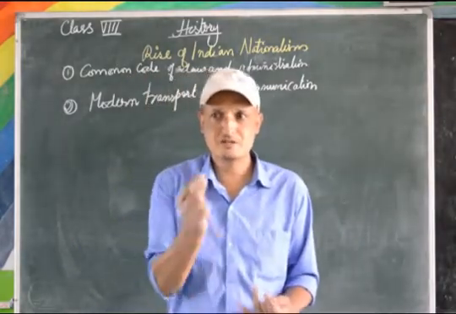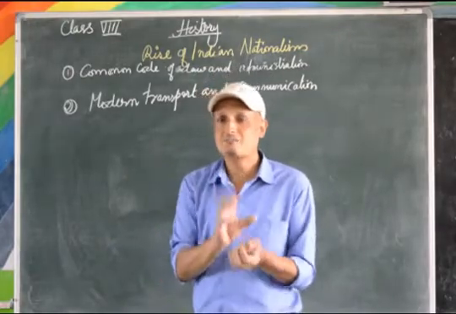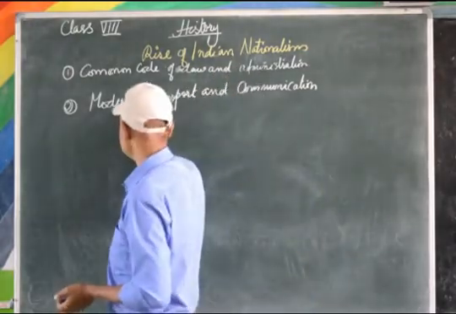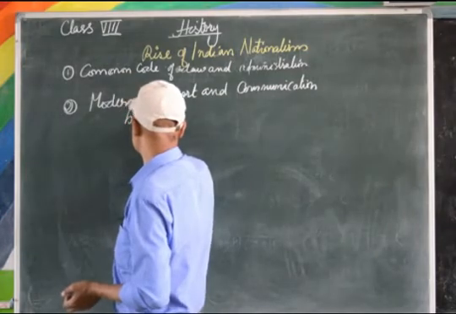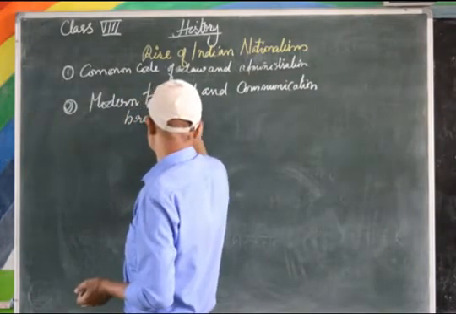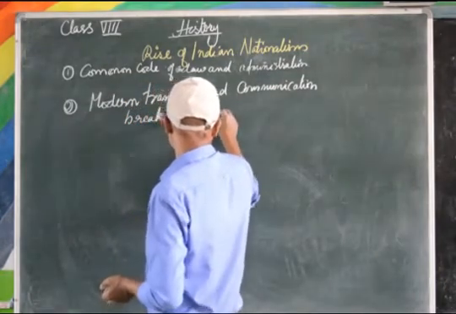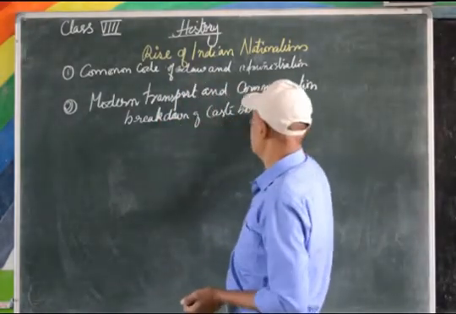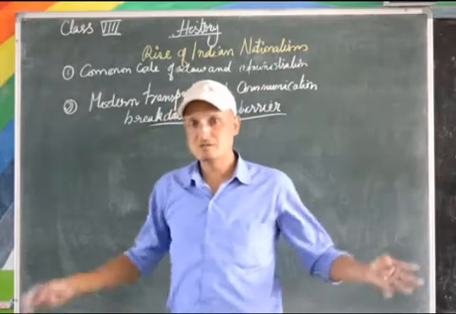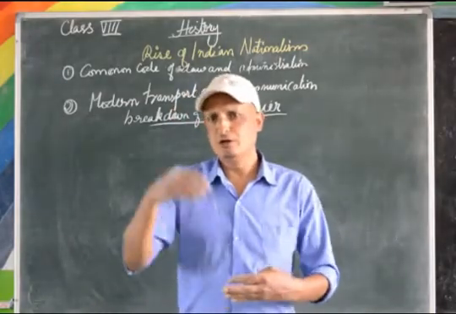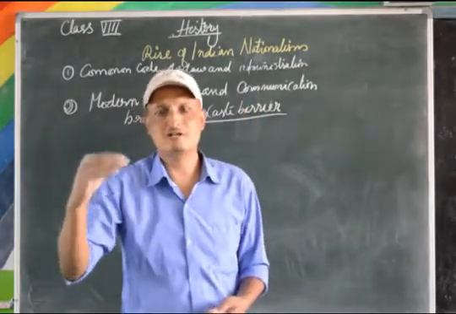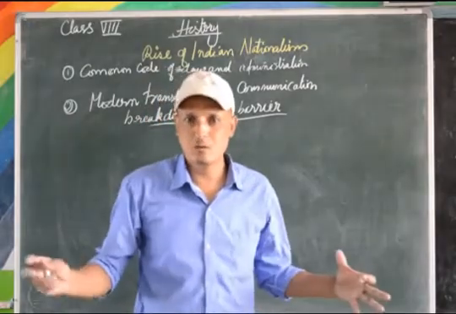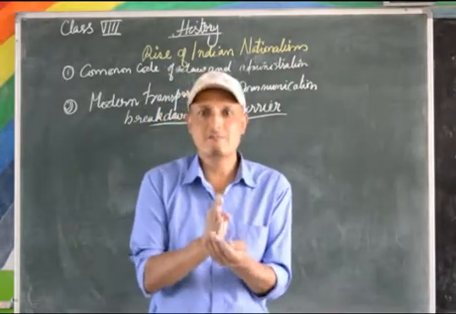Because of the introduction of modern transport and communication, the first thing that happens is that the caste barrier breaks down. People belonging to different classes or different castes in society were traveling in the same vehicle.